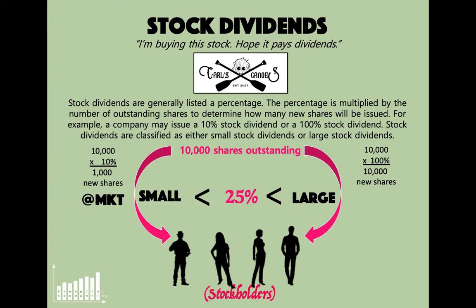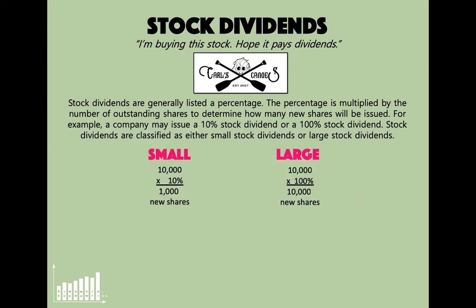Small stock dividends are recorded at market, and large stock dividends are recorded at par. So, with 1,000 new shares, 10% would be small, and it's going to be recorded at market value. The large stock dividend, the 100%, is going to be recorded at par. So we need to look at how that functions.